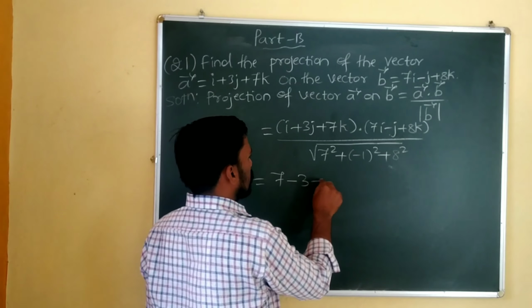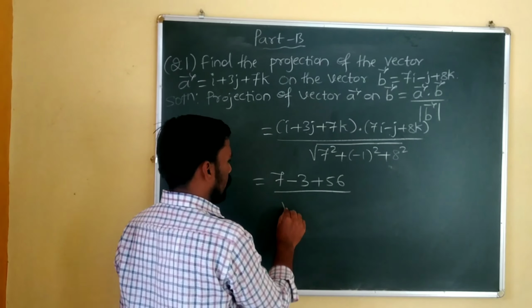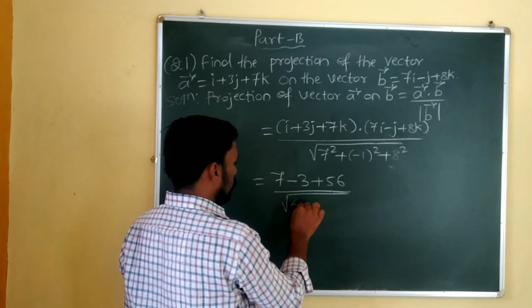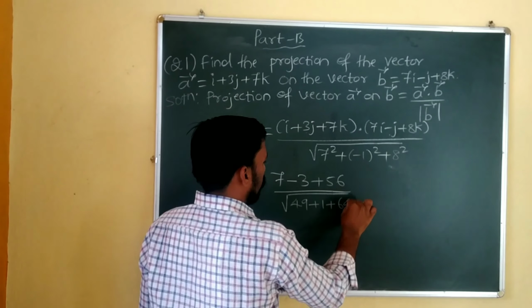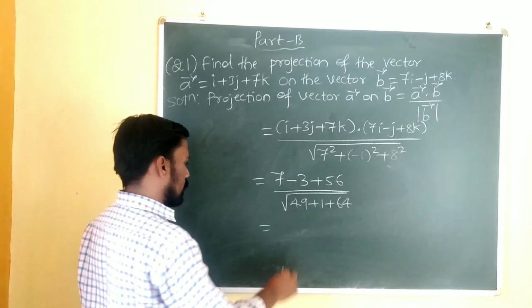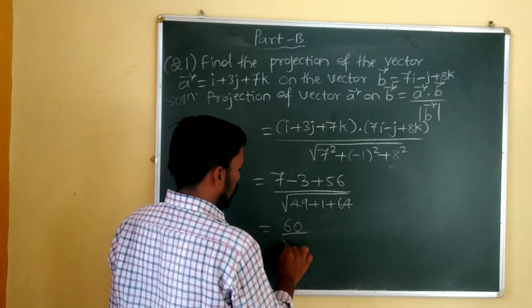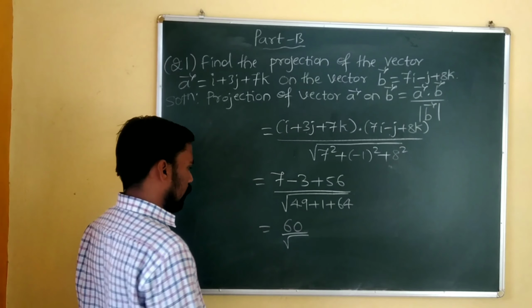Plus into plus, plus. 7 into 8, 56. All divided by square root of 7 square value 49 minus 1 square value 1, 8 square value 64. 7 plus 56, 63 minus 3, 60. Divided by root of 49 plus 1 plus 64, which is 114.